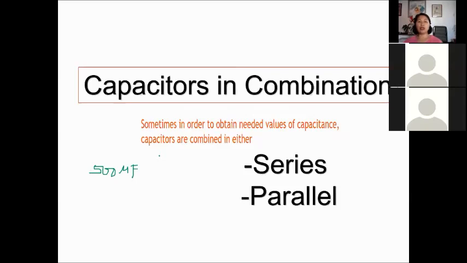And then pagpunta niyo doon sa electrical supplies, walang available na 500 microfarad. You want 500 microfarad para i-replace doon sa circuit, no? But then merong mga other values ng mga capacitors. Like halimbawa, kung merong 1,000 microfarad, paano niyo i-connect yung 1,000 microfarad na magiging 500 microfarad?